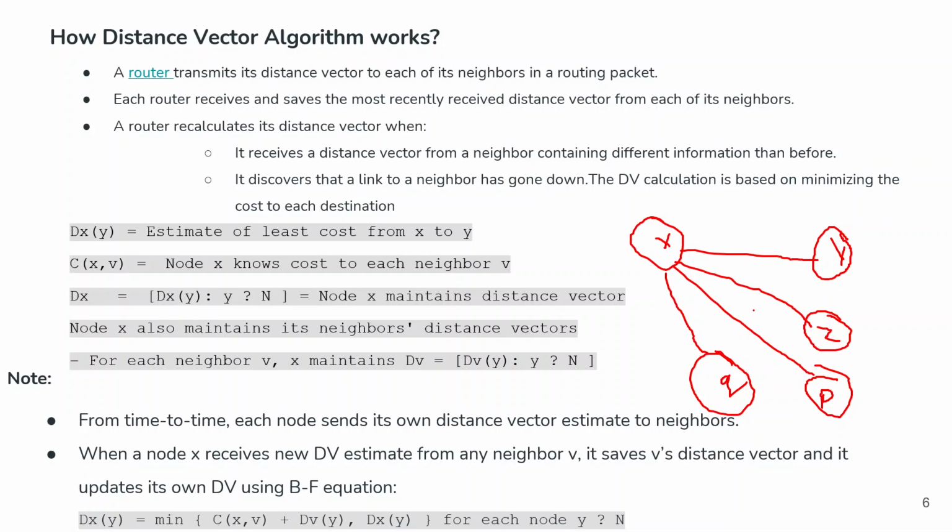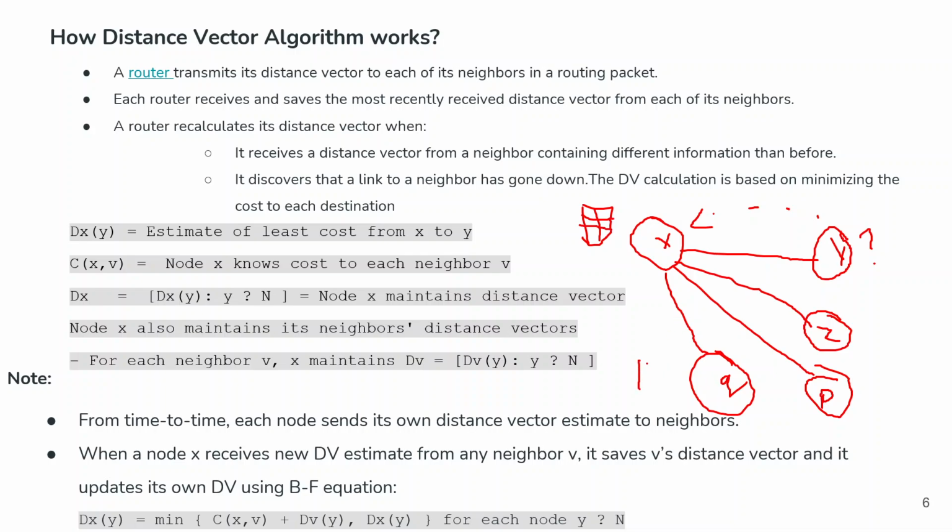From time to time each node sends its own distance vector estimate to its neighbors. Means what? If the distance vector of y has changed, it will send a notification to x, so x will update its distance vector table.